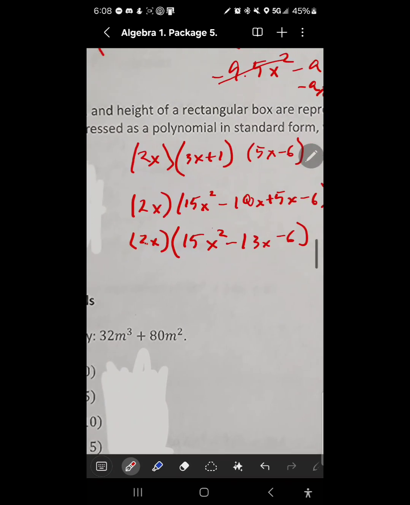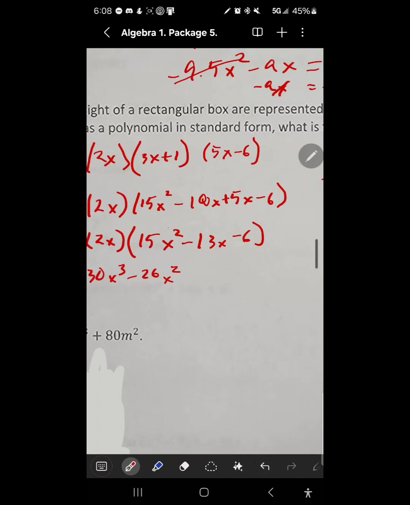Now we keep multiplying, so 2 times 15, 30, x times x squared, x to the 3. 2 times 13, 26, which is going to be negative because this one is negative, this one is positive. And then x times x, x squared. 2 times 6, 12, which is going to be negative, and x times nothing.